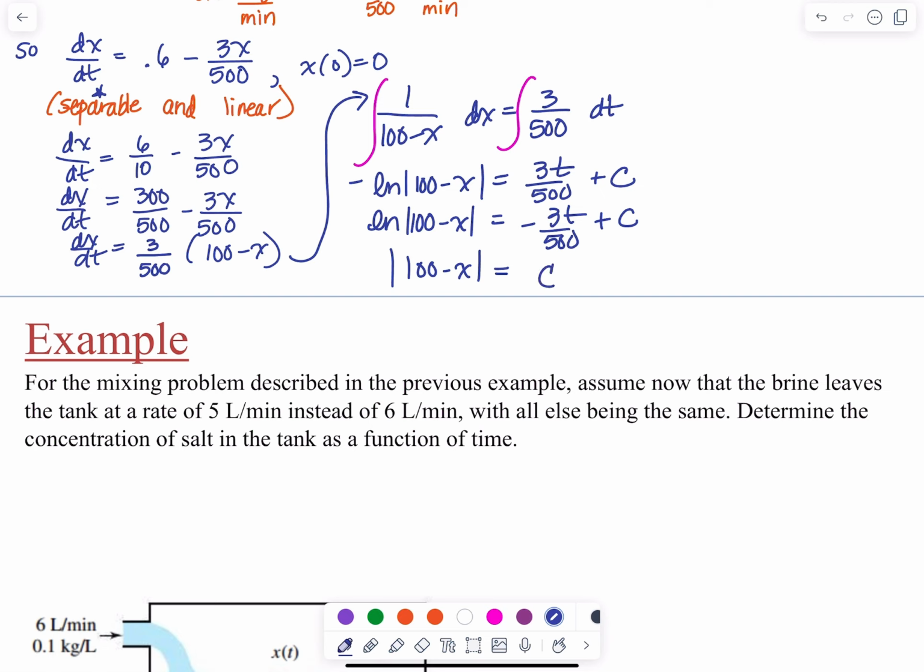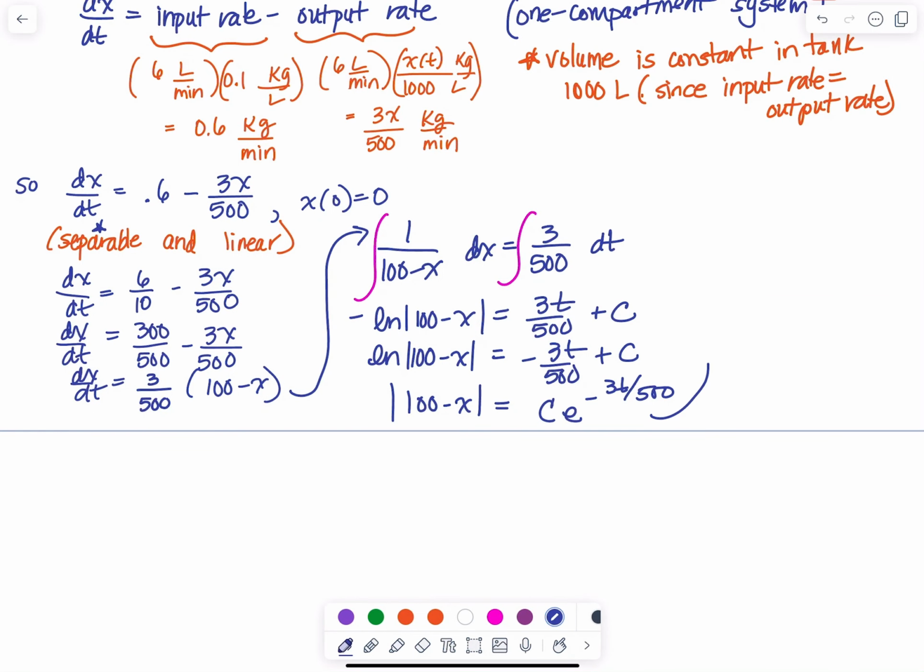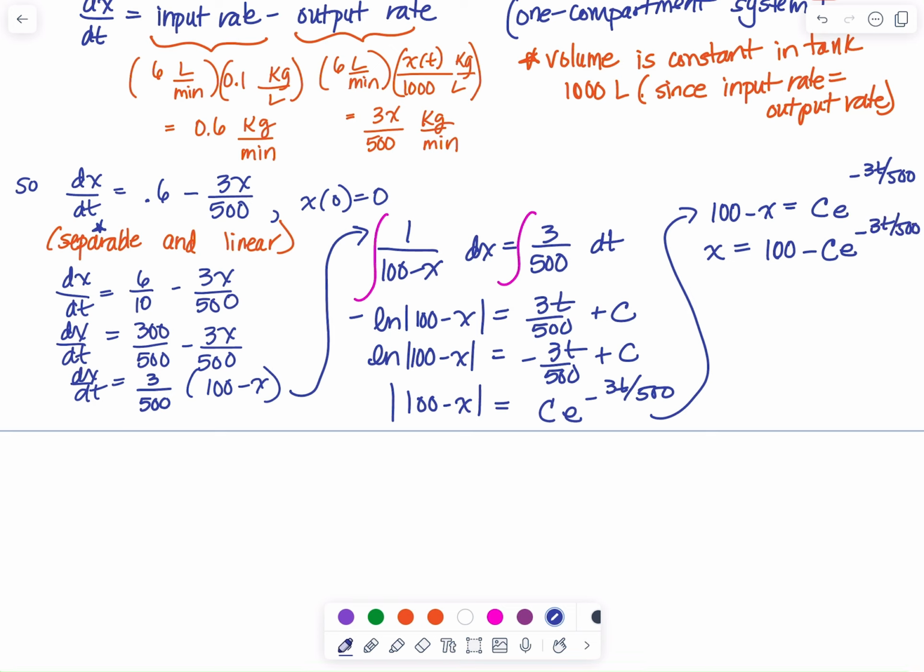And we will have c e to the negative 3t over 500. And then, of course, we will have 100 minus x is equal to ce to the negative 3t over 500, just taking plus or minus that right-hand side. And finally, we come up with x is equal to 100 minus ce to the negative 3t over 500.